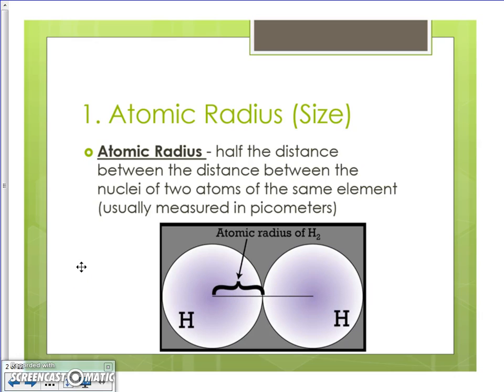Not exactly the most accurate, but definitely easiest. It's measured in picometers, that 10 to the negative 12th, if you remember that from our unit conversions. So atomic radius, just the definition: half the distance between the 2 nuclei of atoms of the same element.